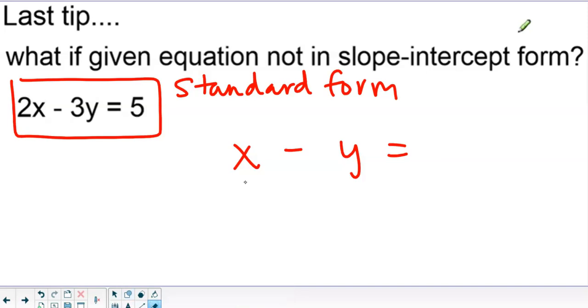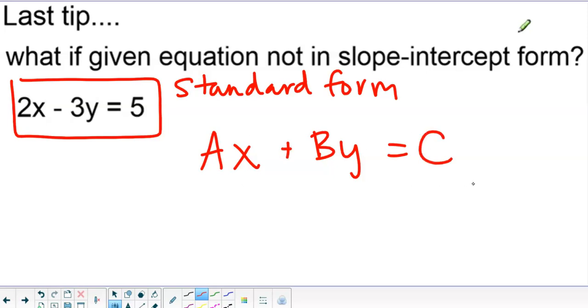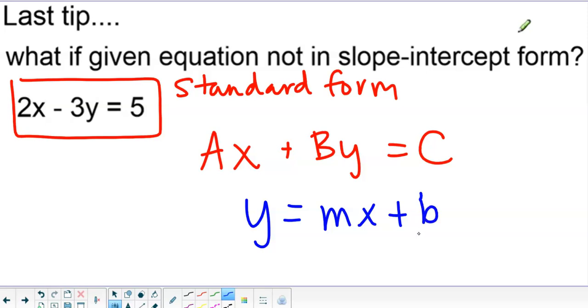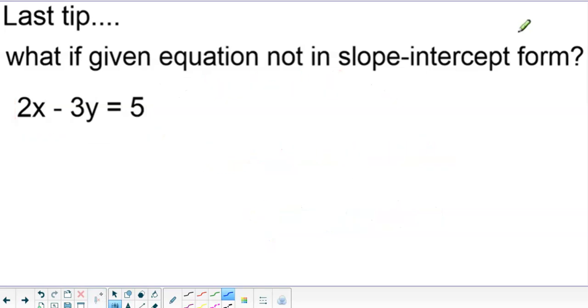It doesn't matter. As long as the x and its coefficient and the y and its coefficient are on the same side, then this is called standard form. To manipulate this so that it's in slope-intercept form, we need to use some inverse operations. Let's take a look at how we would rearrange this problem.